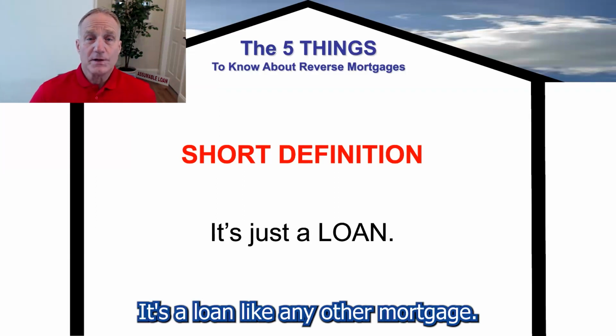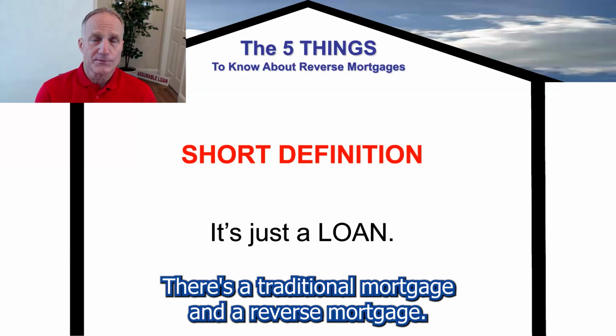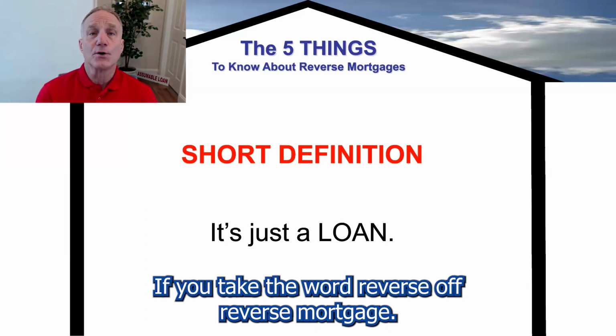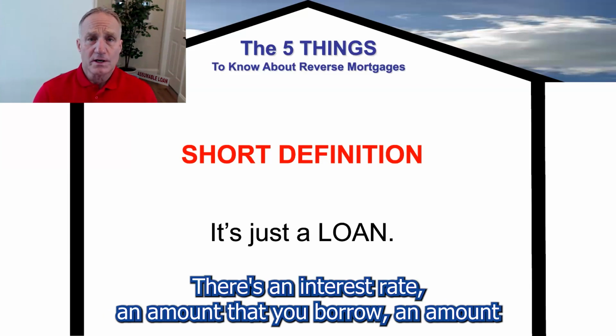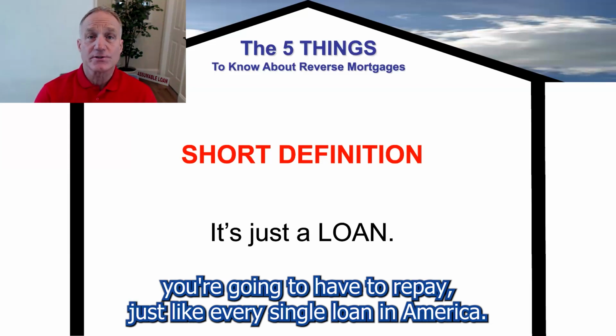That's it. It's a loan like any other mortgage. There's a traditional mortgage and a reverse mortgage. If you take the word reverse off reverse mortgage, a mortgage is a mortgage is a mortgage. It's just a loan. There's an interest rate, an amount that you borrow, an amount you're going to have to repay, just like every single loan in America.